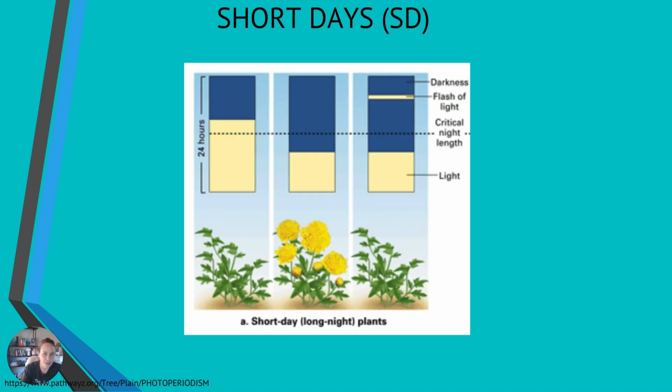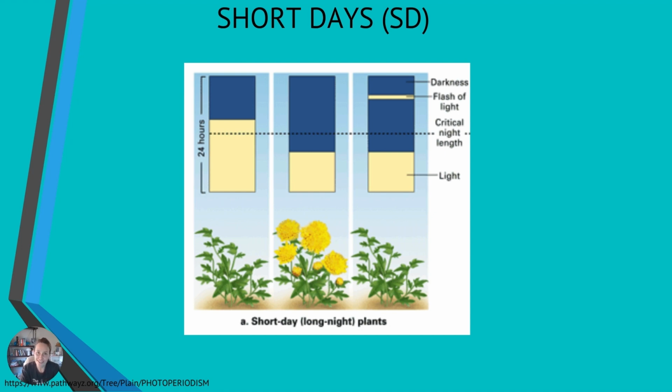Apologize for the rough pixelization here, but this is just a great tool to illustrate. You have your critical photo period, 24 hours. If you achieve light over that critical photo period, your plant stays vegetative. If you're under that critical photo period, your plant flowers.